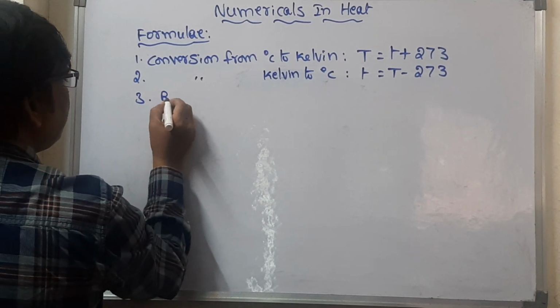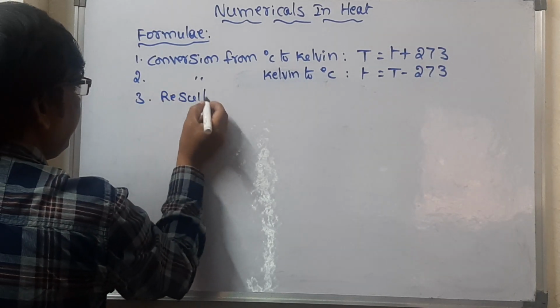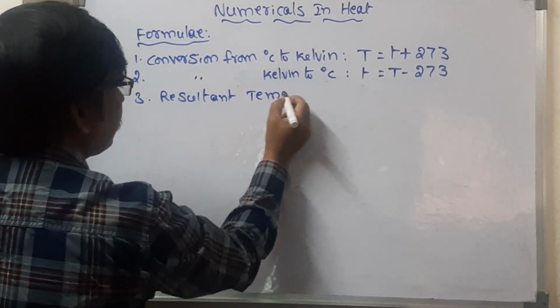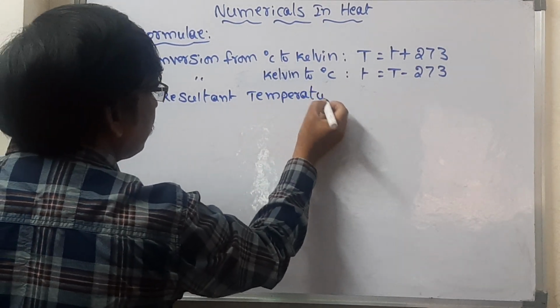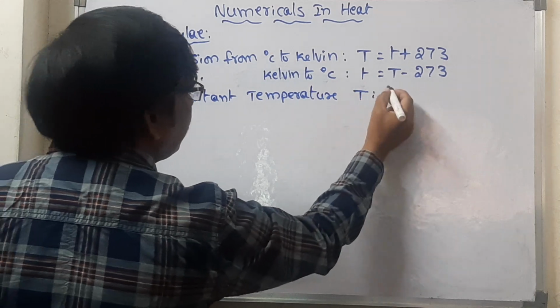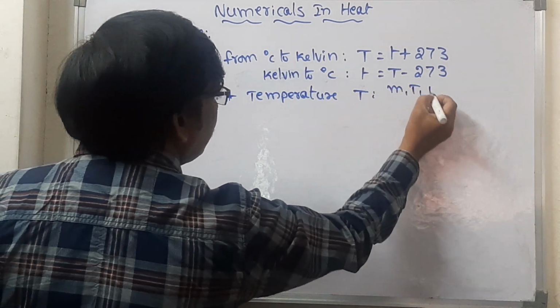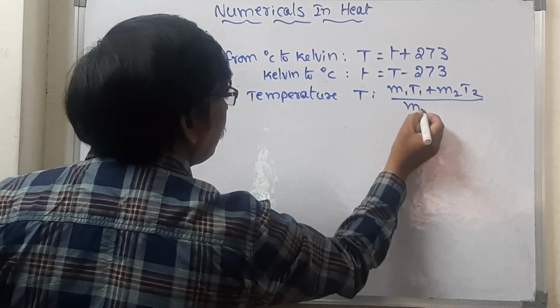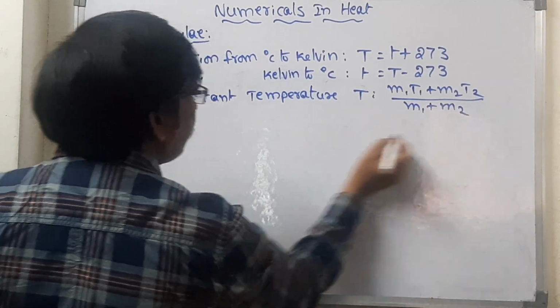The third one is resultant temperature: M1 T1 plus M2 T2 by M1 plus M2.